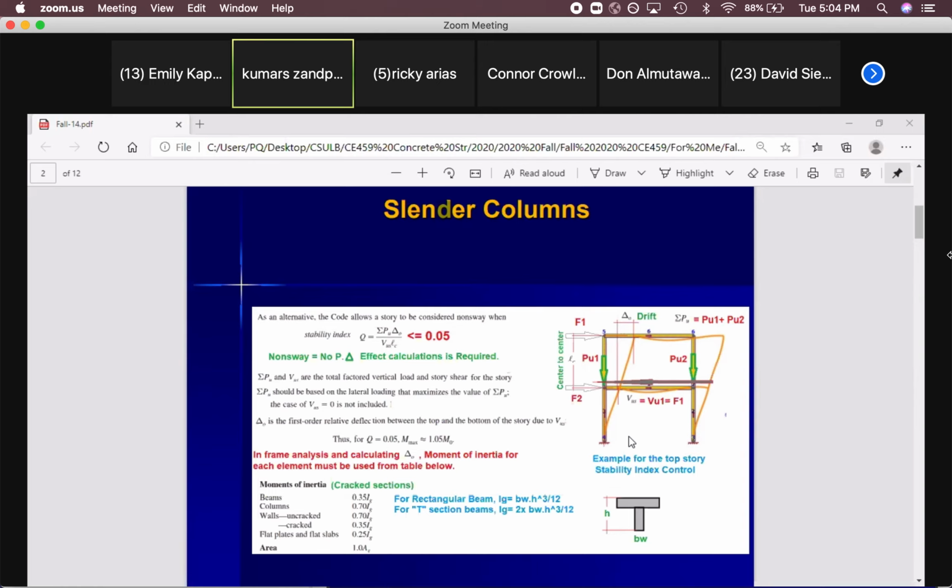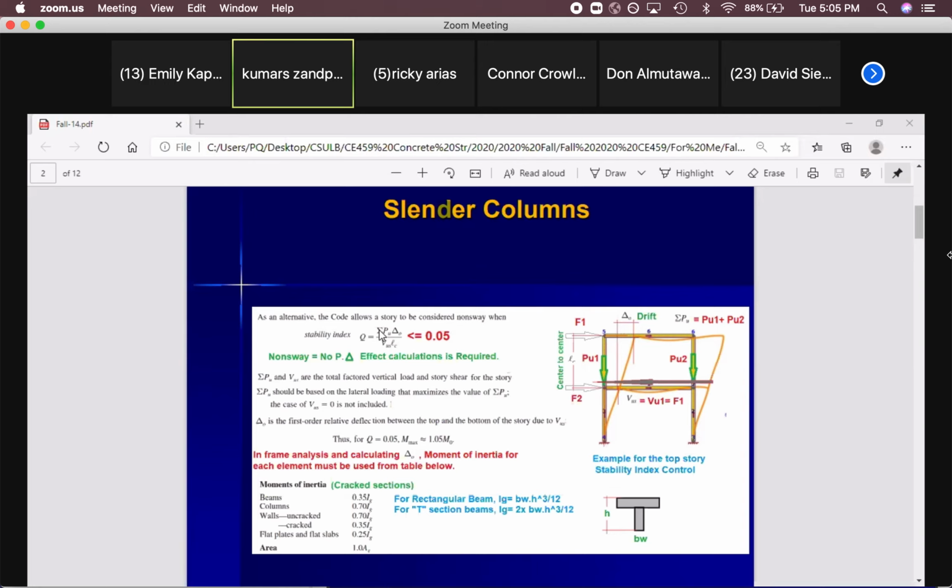Then in both cases, we should check to see if the whole system will act like a braced frame or a non-braced frame. As I mentioned last week, having a shear wall or bracing inside the frame doesn't mean that at each story that frame must be considered a braced frame. No, we have to check it based on this stability index.